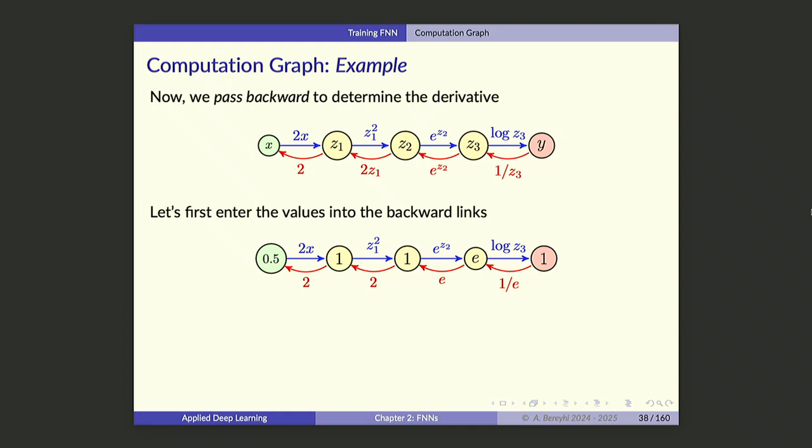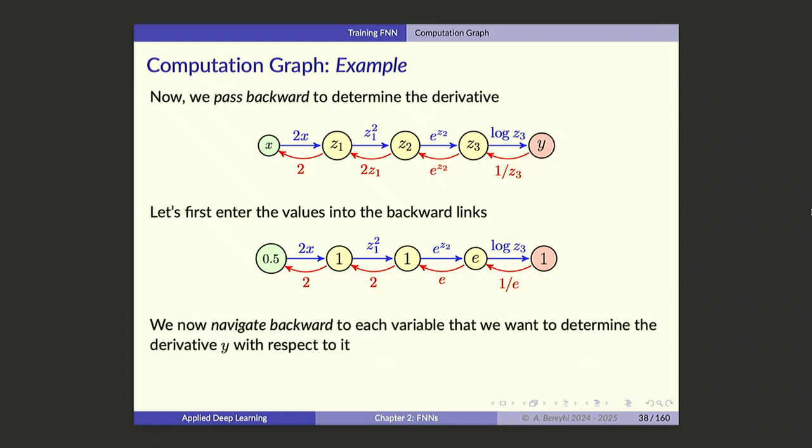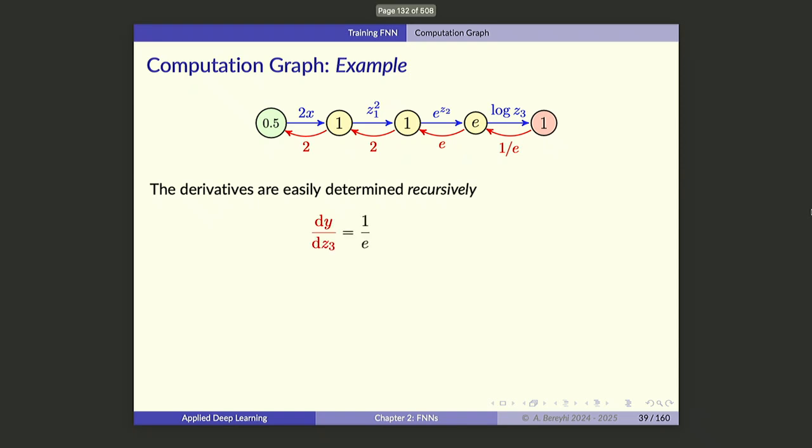And now, if it wants to compute the derivative of y with respect to x, it simply multiplies everything on the backward pass, right? For instance, if you want to know the derivative only with respect to z3, it is 1 over e, because the function has given us this output, right?